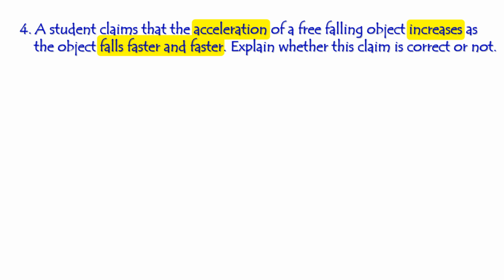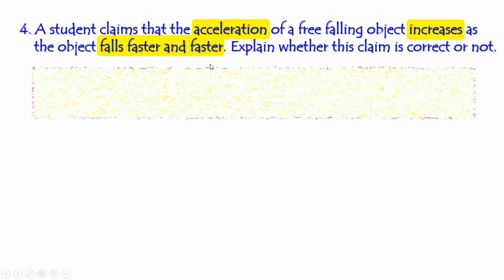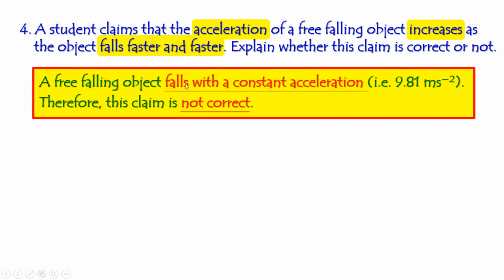It is always equal to 9.81 meter per second squared on Earth. So, explain whether this claim is correct or not. Will it increase as the object falls faster and faster? I think the answer is no. No, the claim is incorrect. It's not correct because it falls at a constant rate.